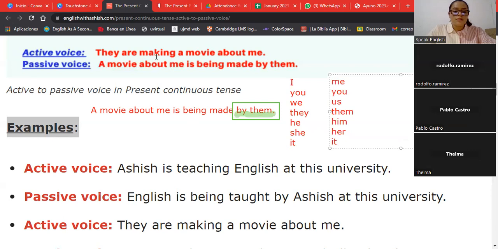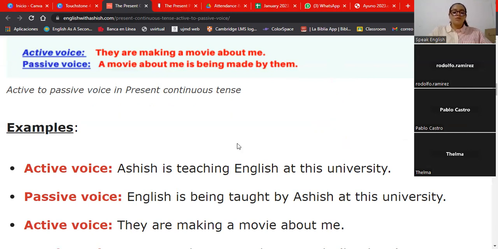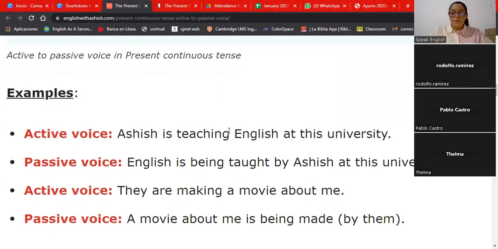And these ones, are they object pronouns or subject pronouns? The object ones. So you are going to write these ones. Now, is it clear, Telma? Yeah. Perfect, very good.